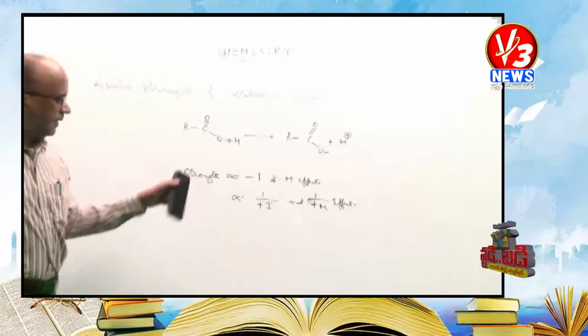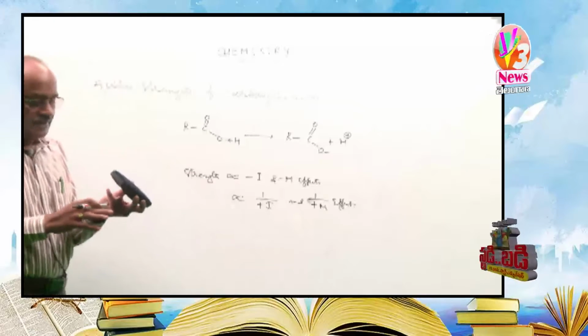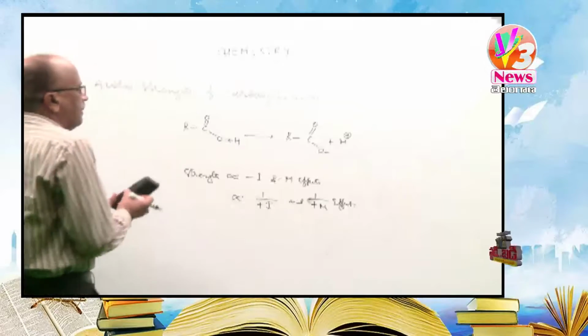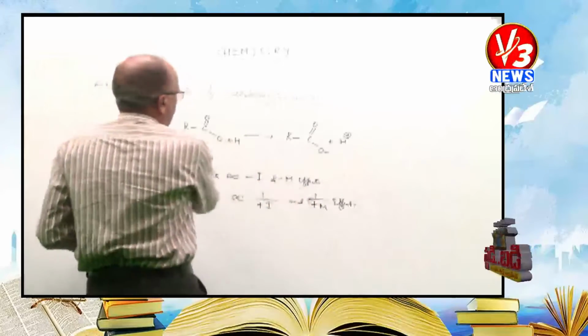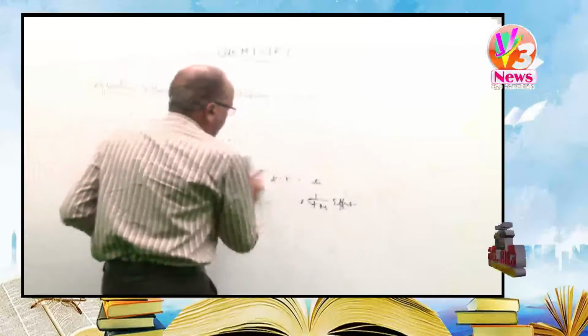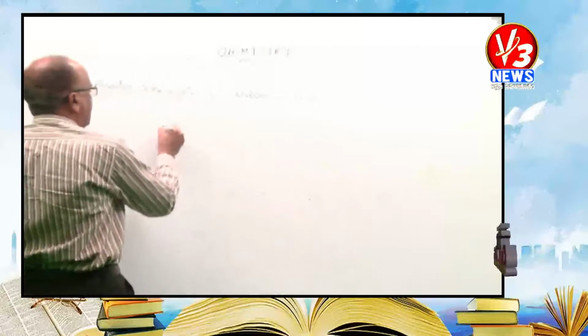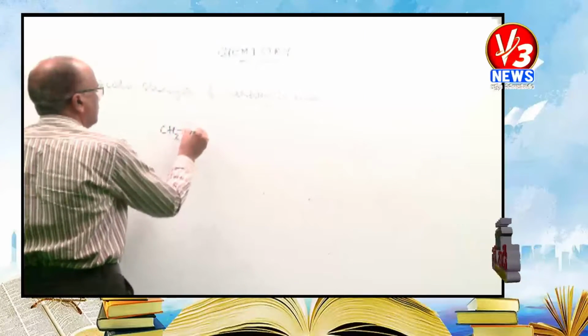This is very important from the entrance exam point of view, the acidic strength of carboxylic acids. We will see some examples based on this. A very important comparison is acetic acid, formic acid and benzoic acid.